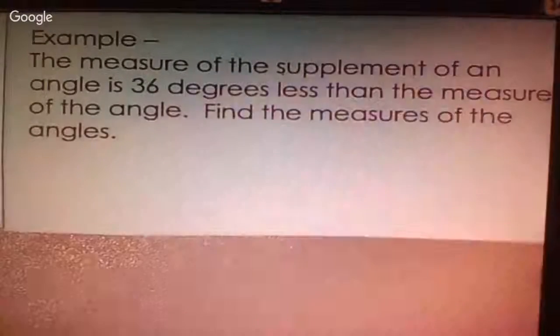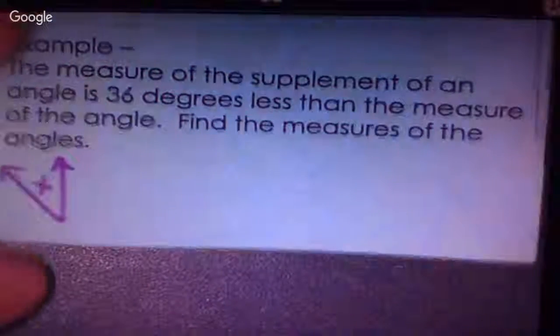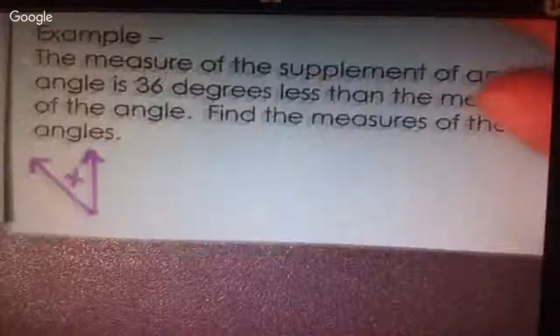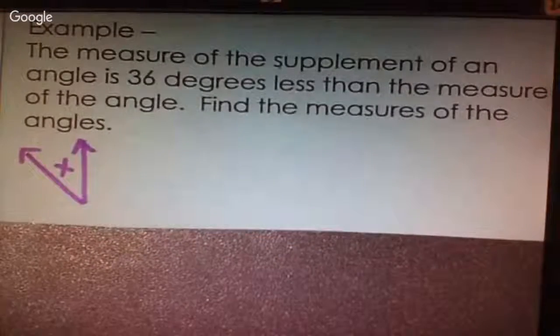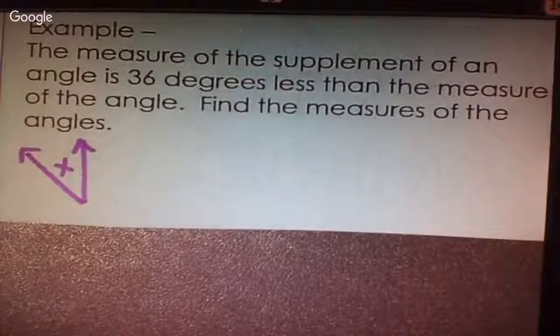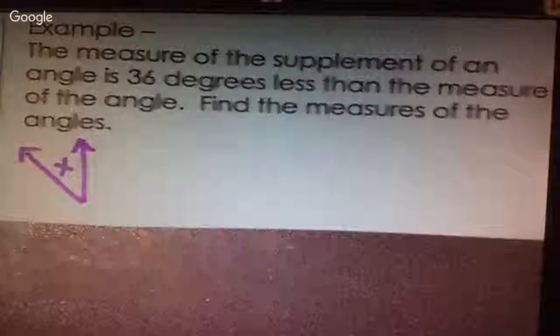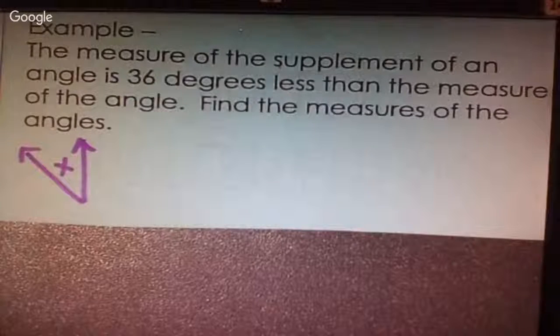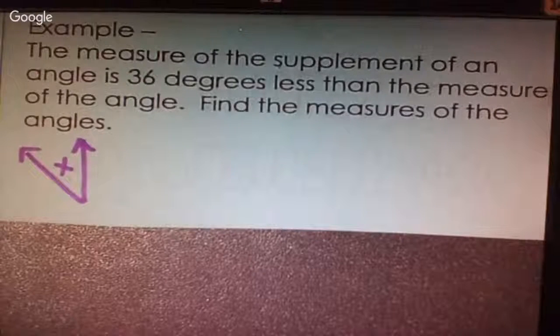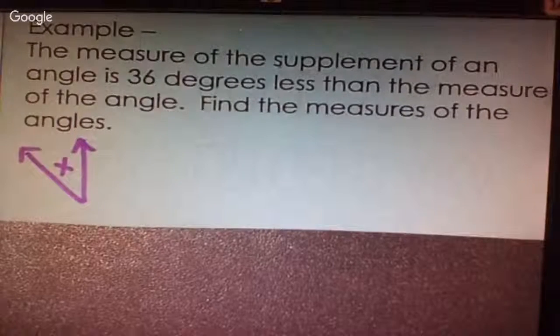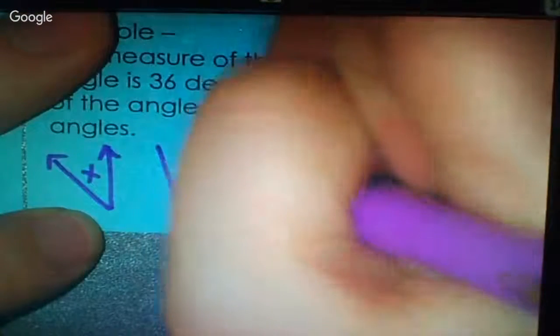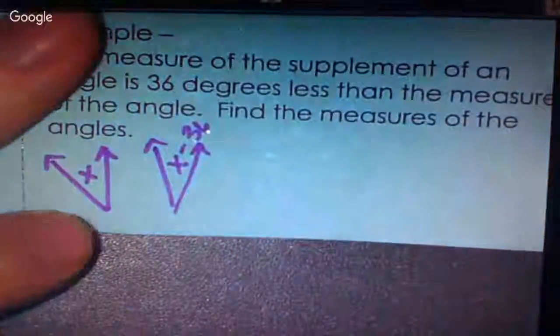X. Okay, so we've got an angle that is X. Just draw yourself an angle. It doesn't have to be perfect. We have one angle that's X. The supplement of that is 36 degrees less than that. How do I write 36 degrees less than that? X minus 36. So my other angle then is X minus 36.